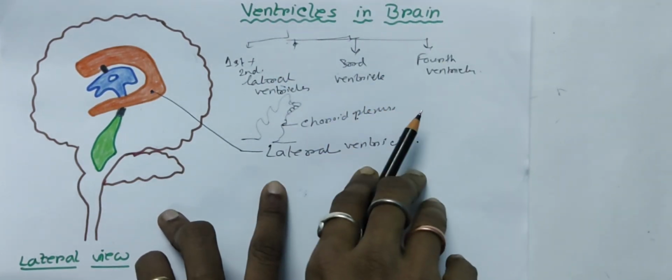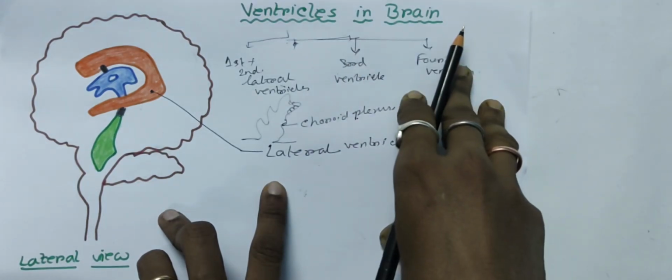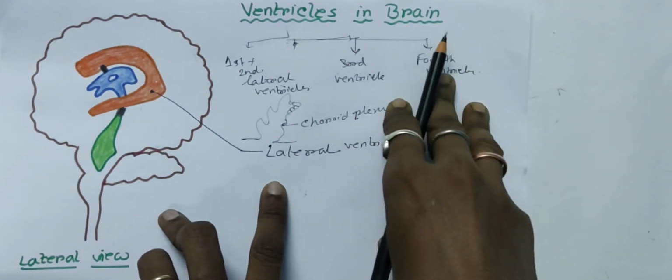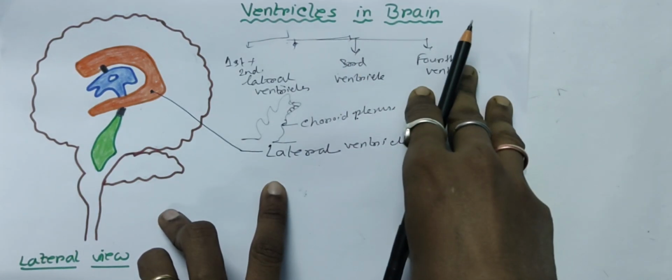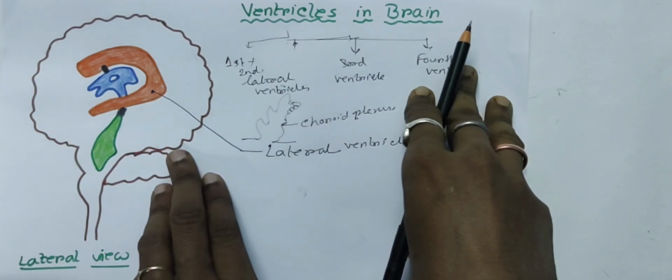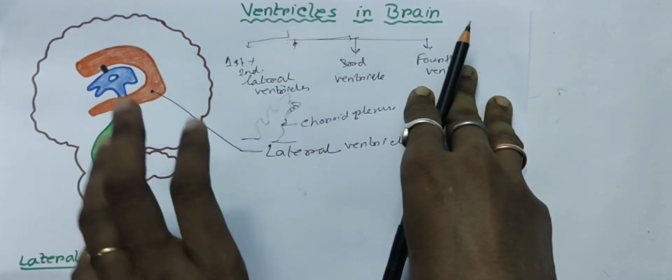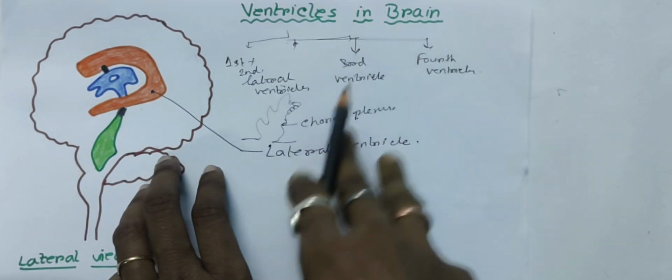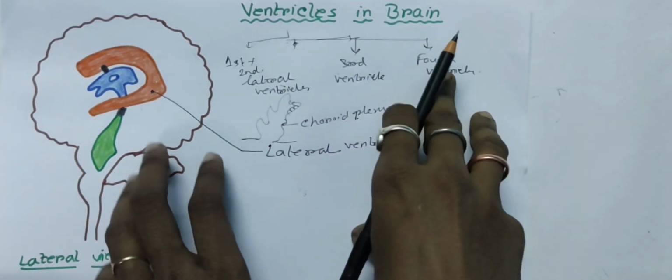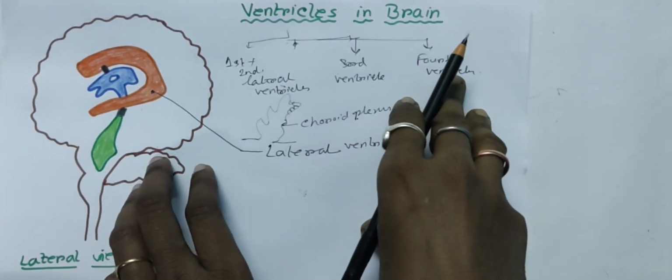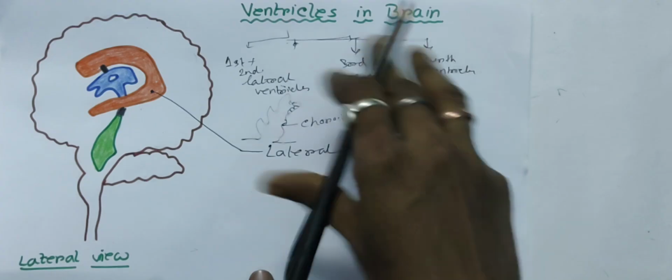The right ventricle is situated in the right cerebral hemisphere, and the left ventricle is situated in the left cerebral hemisphere. So these two ventricles are situated in the two hemispheres, right and left.